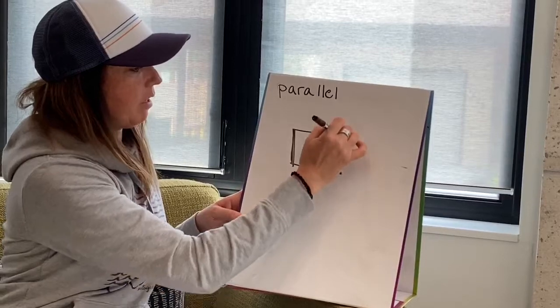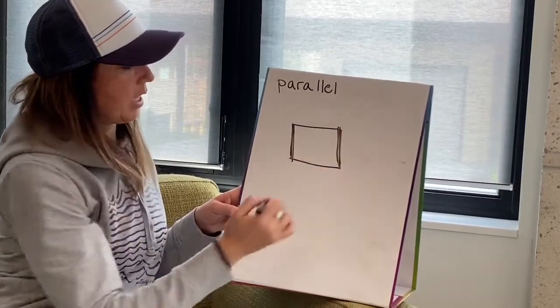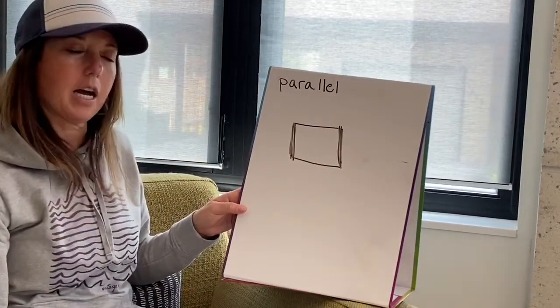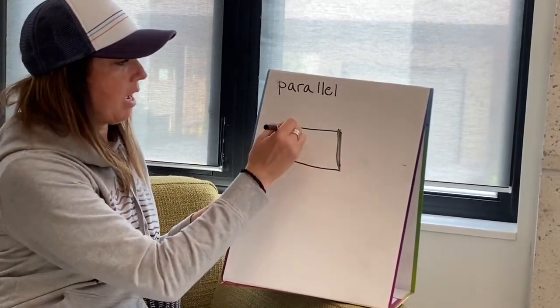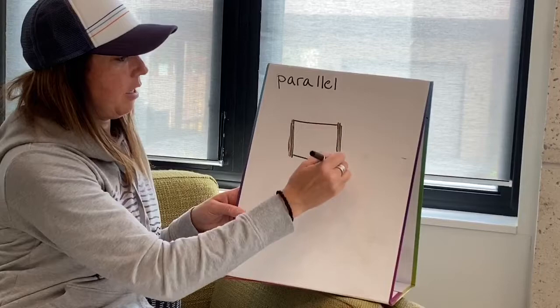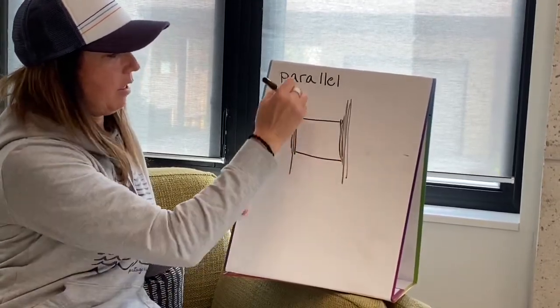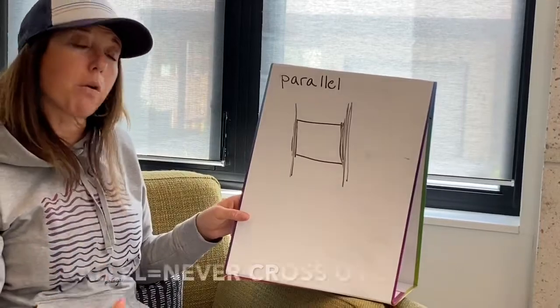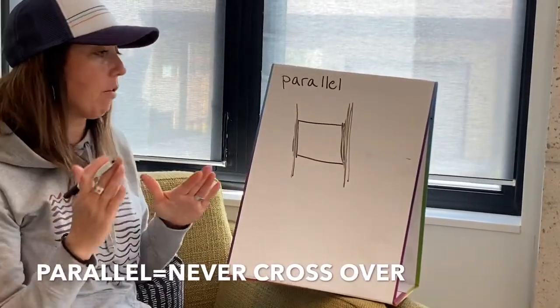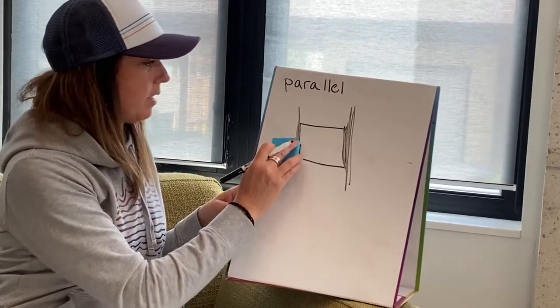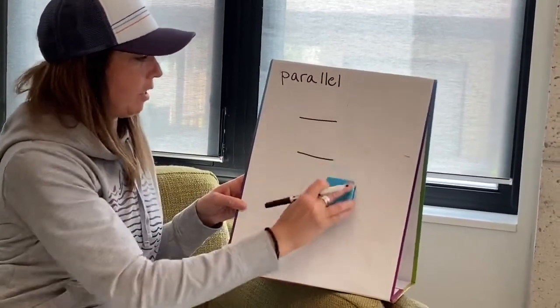If we're looking at a square right here, a square has 2 sets of parallel lines in the shape. Right here and here is 1 set. If we just kept drawing a line straight up and down here, those lines would never cross. So parallel lines can never cross over. Let me redraw here.